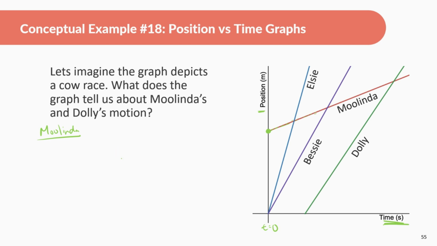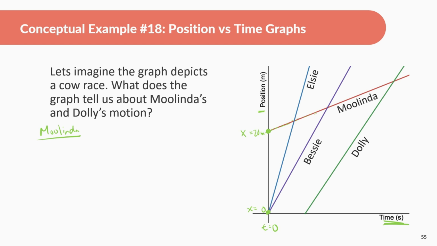Okay, but now let's think about the position. We can see Elsie and Bessie for the position start right here, but Moolinda starts right here. So what this is showing me is Bessie and Elsie, the position they're both starting is 0, but Moolinda is starting over here. So what we can imagine is, I don't know what this is, let's just give it a random number, 20 meters.